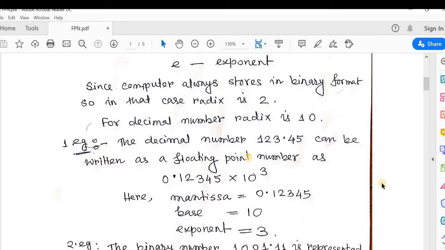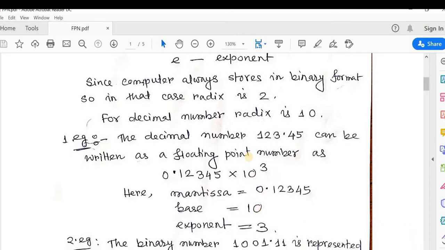So for example, this is a decimal number, 123.45, which can be written as a floating point number as 0.12345 into 10 to the power 3. Here, the mantissa is this fractional part, the base is 10 and the exponent is 3.